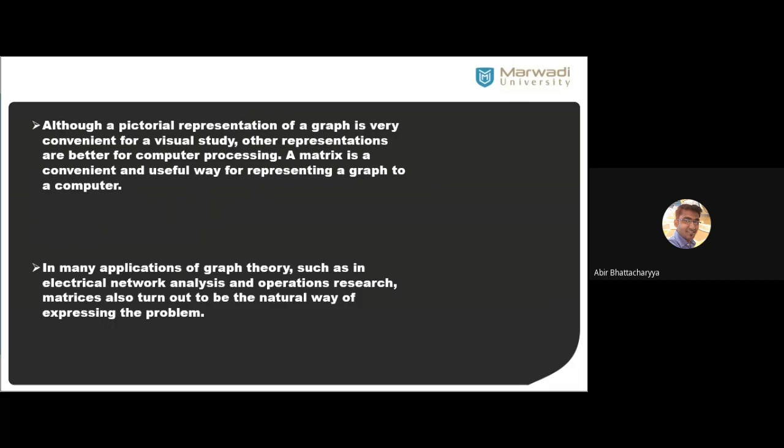Although we know the pictorial presentation of a graph is very convenient for visual study, other representations are better for computer processing. A matrix is a convenient way for representation of a graph to a computer. In many applications of graph theory, such as electrical network analysis and operational research, matrices are really helpful.